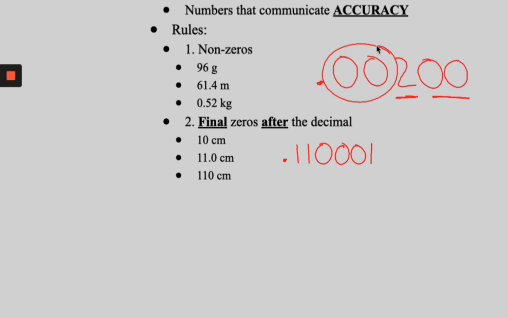They are after the decimal, but they're not final. So, guys, let's talk about these zeros. If they're not significant, communicate accuracy, what are they? And the answer is they're placeholders. Guys, if we got rid of these zeros, the value of the number would change, but its accuracy would not. So those zeros are not significant. So this would only be 3.